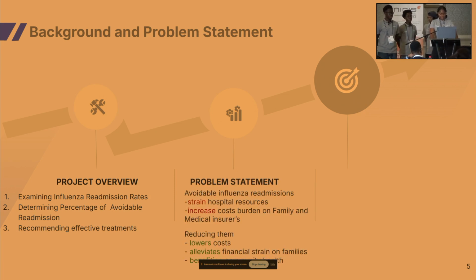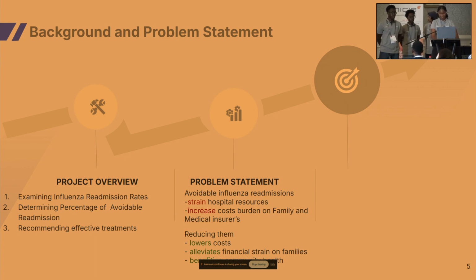Our problem statement is avoidable influenza readmissions strain hospital resources and increase cost burdens on families and insurance. So by reducing them, we lower these costs and alleviate the financial strain on these families as well as benefit the community health.